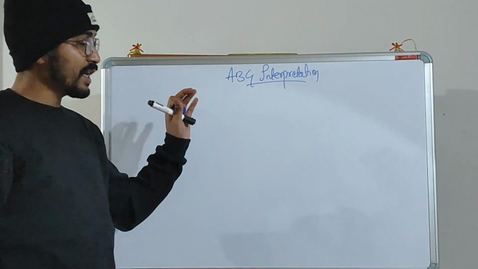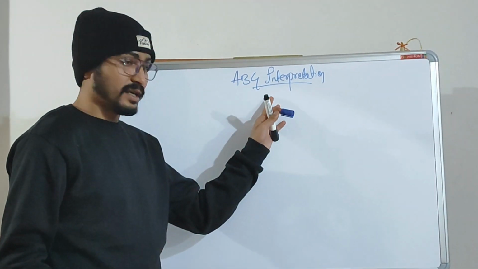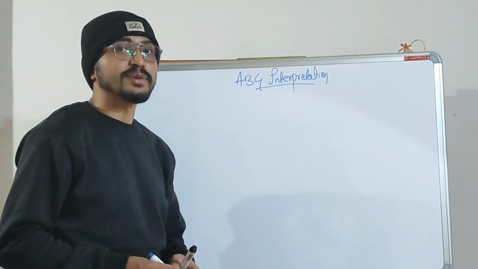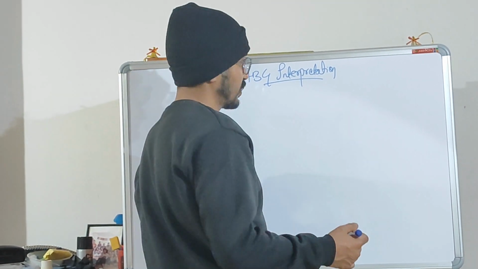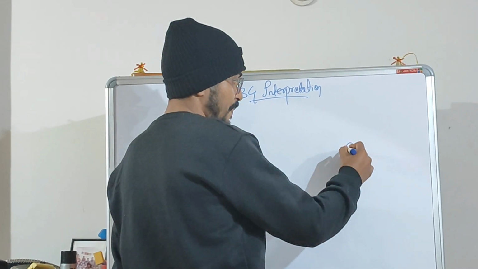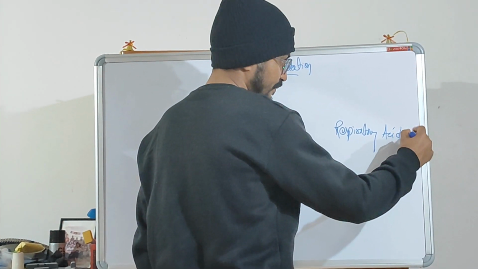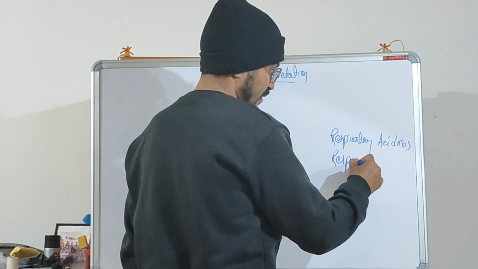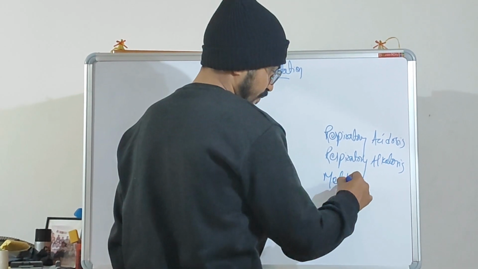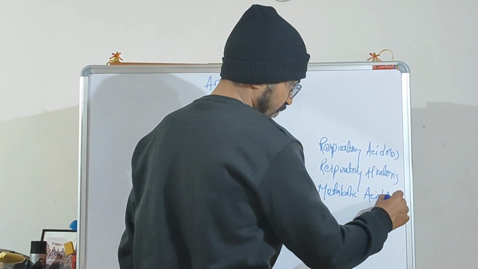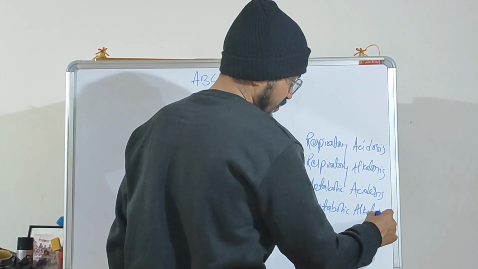By saying ABG, four main diagnoses can be framed easily by interpreting an ABG report. These four main diagnoses are respiratory acidosis, respiratory alkalosis, metabolic acidosis, and metabolic alkalosis.